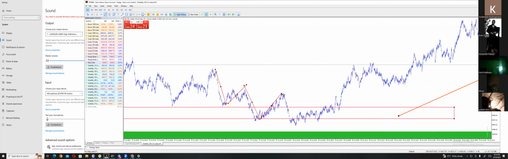Everything is now officially started. Go to M5. What do you see? It breaks structure here. Right. Now, go to M15. Where does it break structure? It comes somewhere around this area. Again, here. That's what we want to witness.